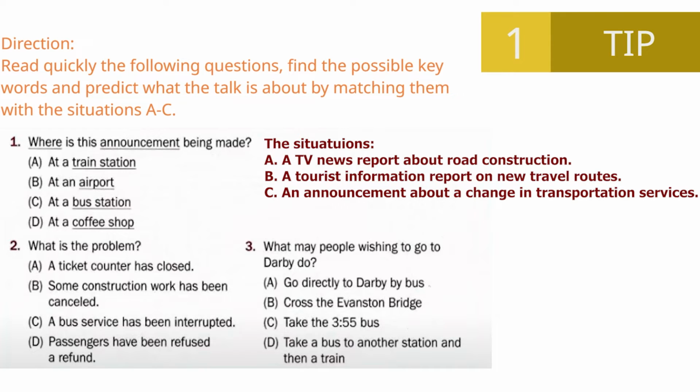There are 3 situations: A, a TV news report about road construction; B, a tourist information report on travel and new travel routes; or C, an announcement about a change in transportation services.